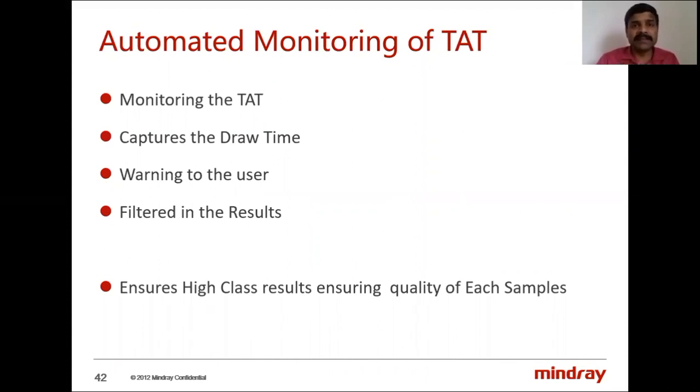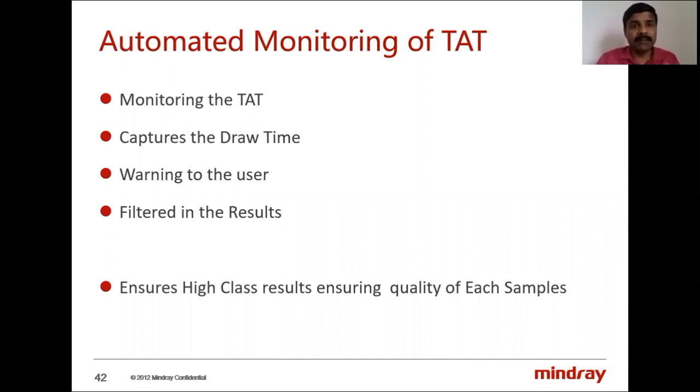One additional feature is that, to ensure the quality of the sample, the instrument will do automated monitoring of turnaround time by capturing the draw time from the sample barcode. You can give the conditions of your laboratory in this software, maybe like if you are allowing some 3 hours of time for drawing the sample and analyzing the sample.